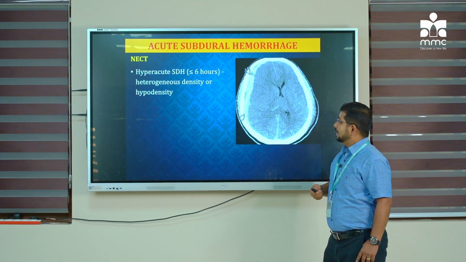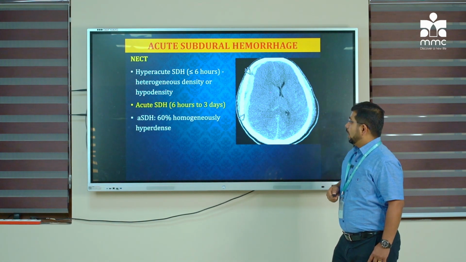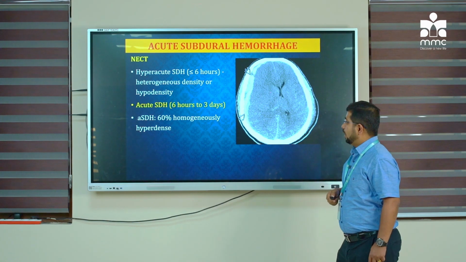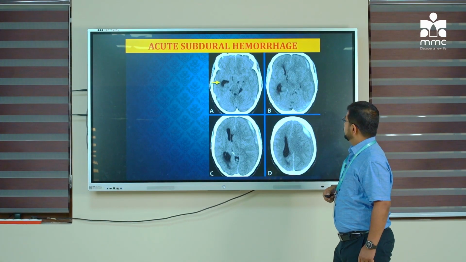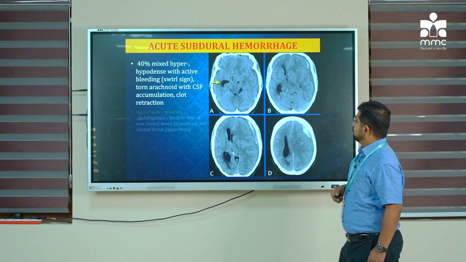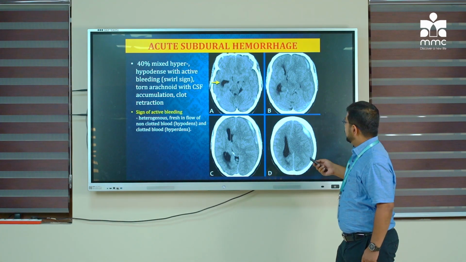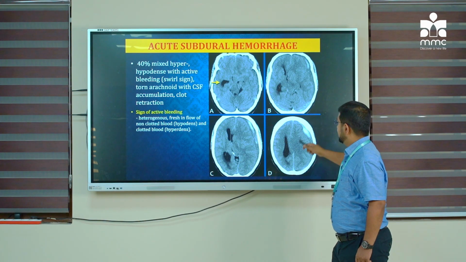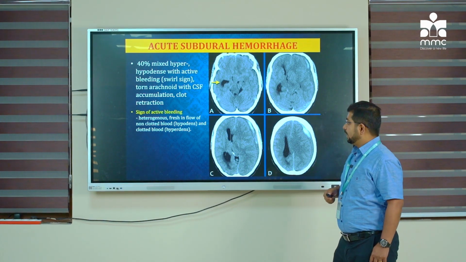Hyperacute is when it is less than 6 hours. Acute is 6 hours to 3 days, and 60% will be homogeneous. 40% will be mixed, and when there are patchy black areas inside, then we call it a sign of active bleeding.